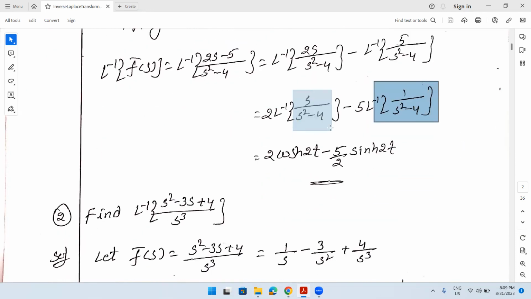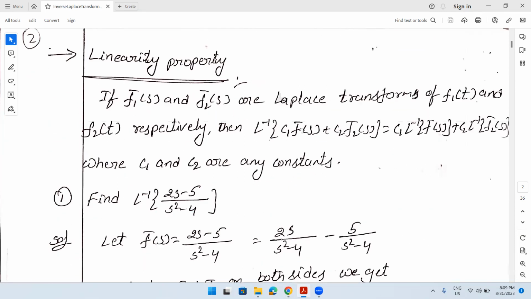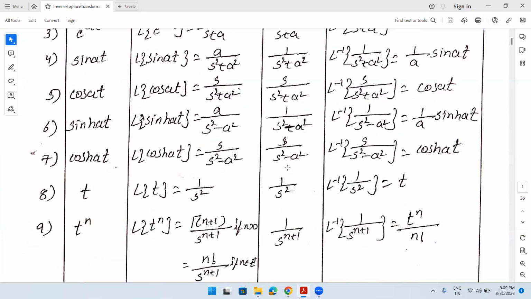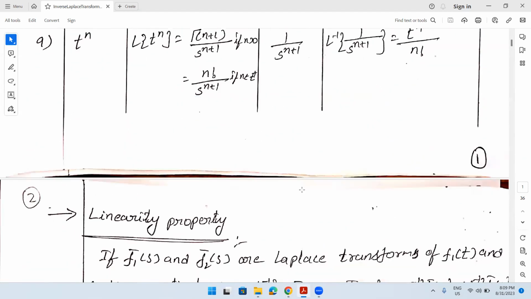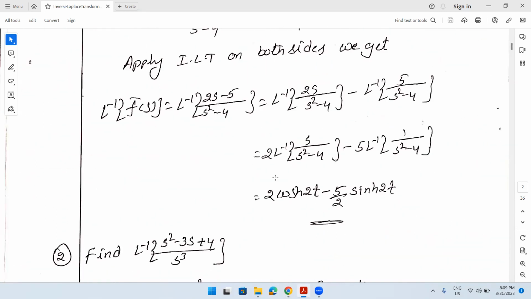Now, what is the formula for s by (s square plus a square)? Here a square is nothing but 2 square. S by (s square minus a square) is cos h at. So here we get cos h 2t.